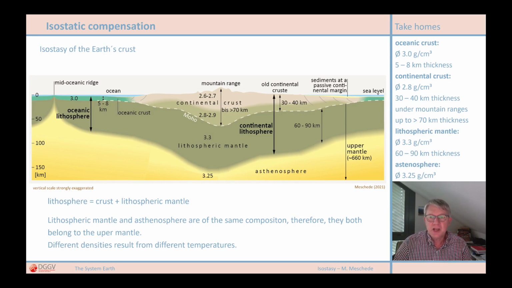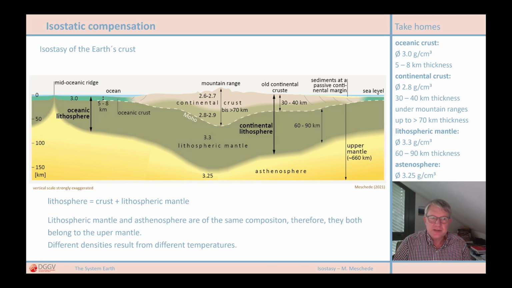It is therefore a bit of a contentious point whether the lithospheric mantle should be counted as part of the solid shell of the Earth, the lithosphere, or as part of the mantle. Because it is solid, it reacts in a similar way to the Earth's crust, and because of its solidity, it plays a major role in plate tectonic movements, which is why I think it makes more sense to place it in the lithosphere and not in the upper mantle, even though it has the same material structure.